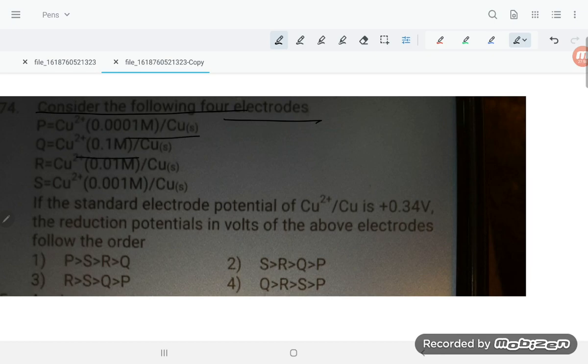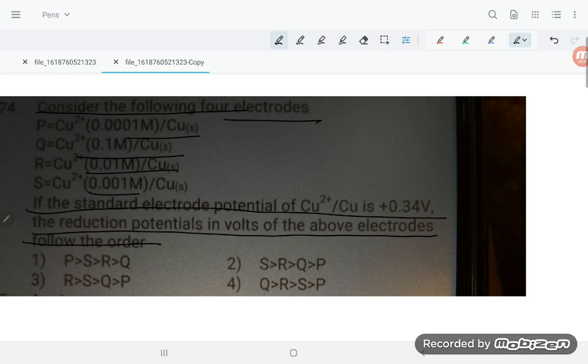If the standard reduction potential is this much, the reduction potential in volt of the above electrodes follows the order. So how can you solve this problem, students? Problem number 74.